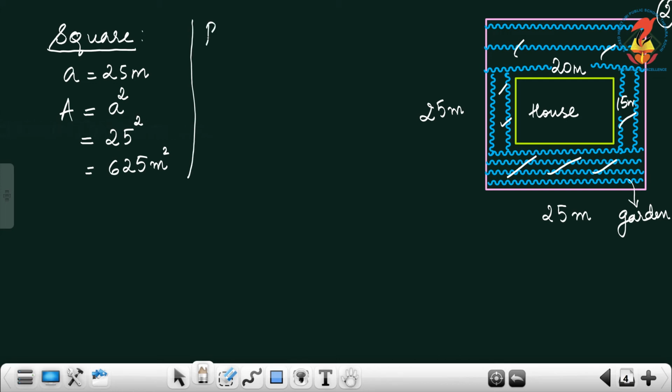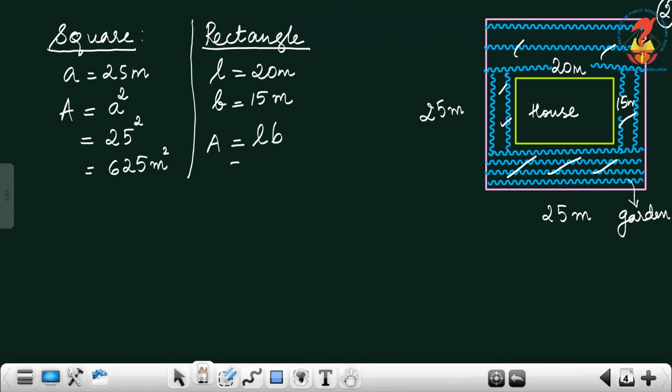Then, the next figure is rectangle. What all information of rectangle do we know? Length equals 20 meter, breadth equals 15 meter. So, what will be the area? Length into breadth, 20 into 15, 300 meter square.